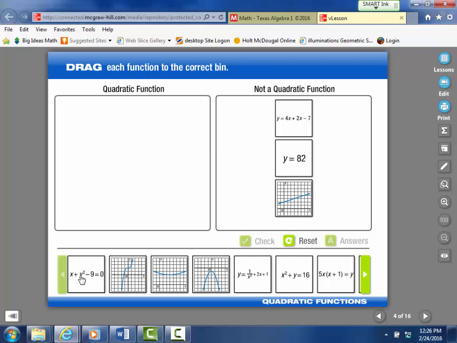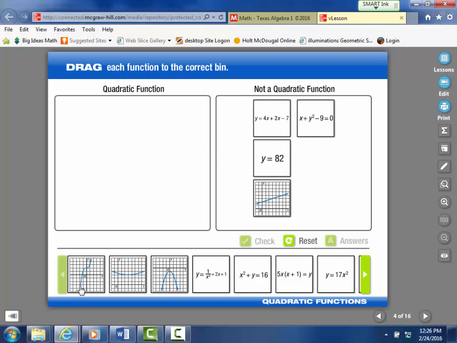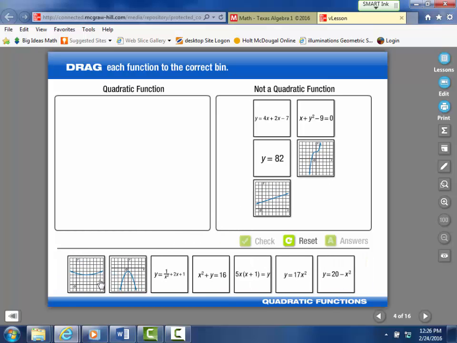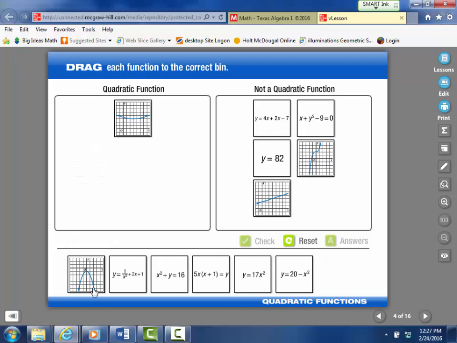Here we have a squared, but it's not on the x. So I'm going to say that's not a quadratic. This has a curved shape to it, but then it goes off and does something else, so not a quadratic. But this is that nice curved U kind of shape. It's pretty flat, but still I think that one's going to be a quadratic.